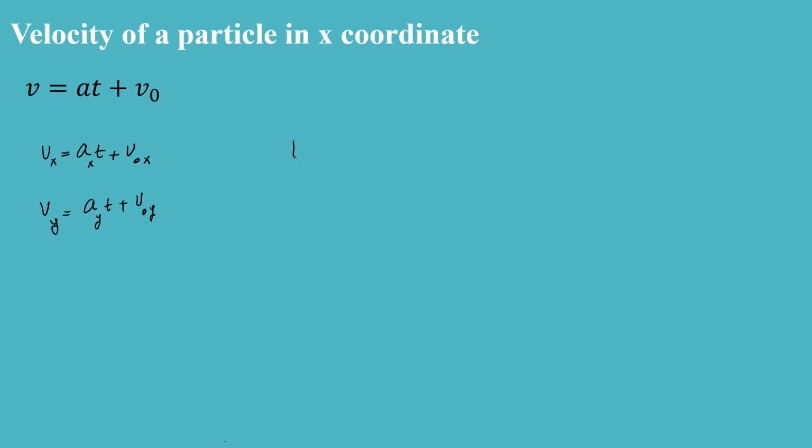So now if I go with two coordinates, it's going to be (a_x t plus v naught x) in i, right? Plus this one, and I'm going to write down the unit vector, and then this one is going to be (a_y t plus v naught y) in j, right? And let me put the vectors on top.